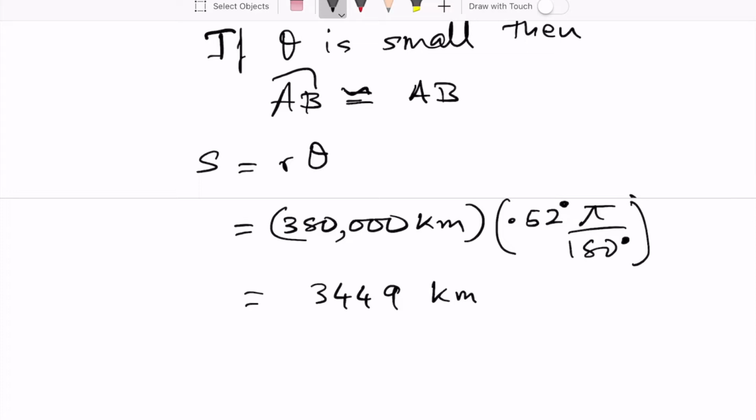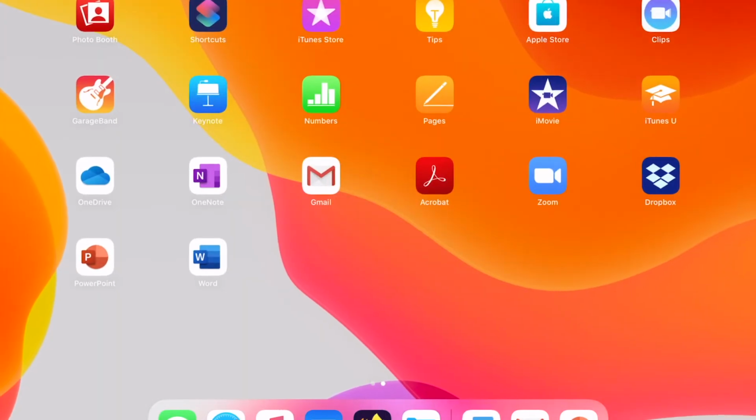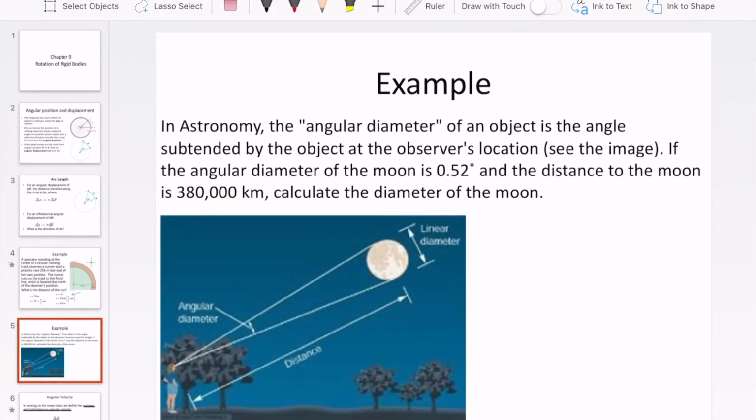I want you to just appreciate for a moment the power of mathematics. We are just sitting in our seats and we managed to calculate, using two easily obtained pieces of information, the distance to the moon and the angular diameter of the moon. The distance to the moon is very easy to measure if you know how to measure it, and the angular diameter of the moon is even easier to measure.